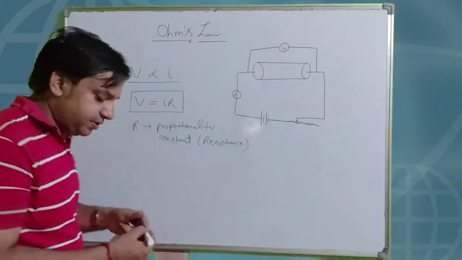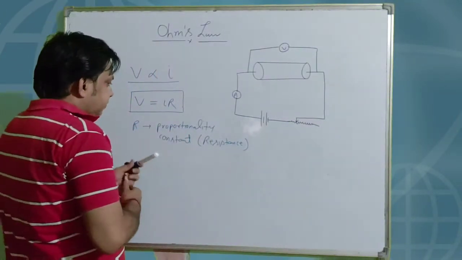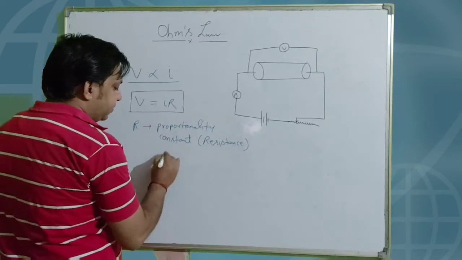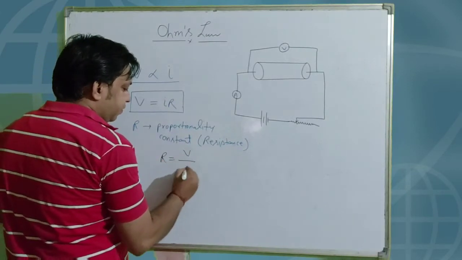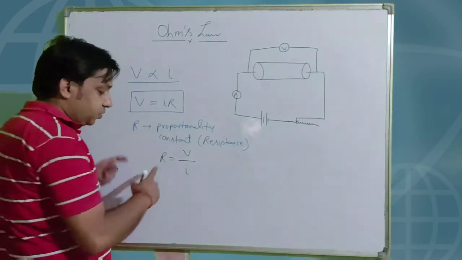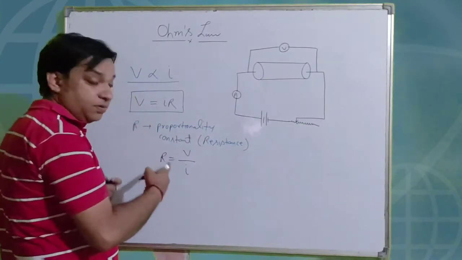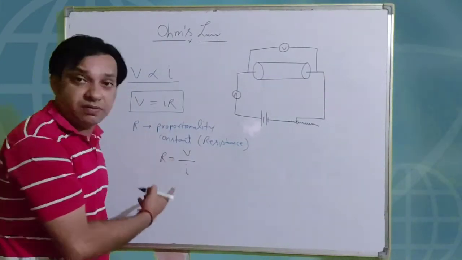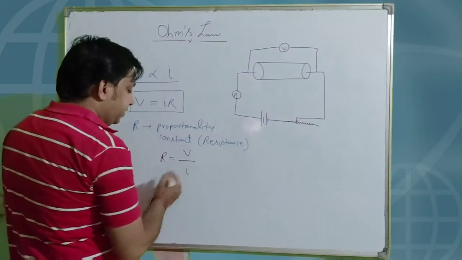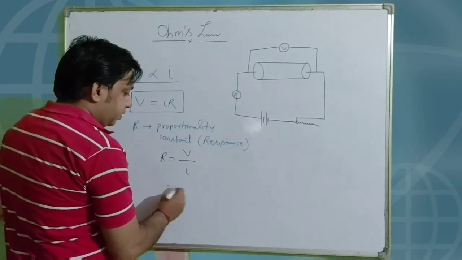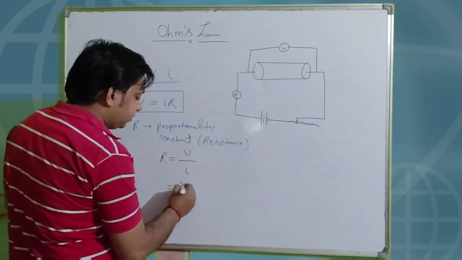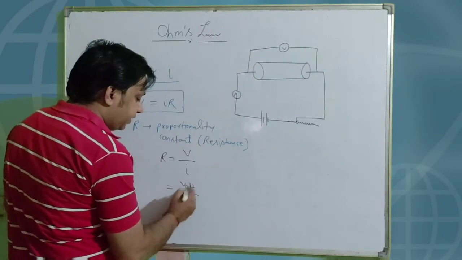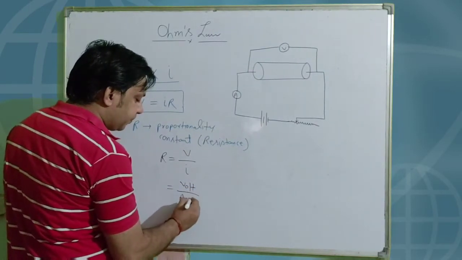So from here you can see that R is equal to V by I. Right? So if you want to find the unit of this resistance, here you can see that this is voltage, expressed in volt, divided by ampere.